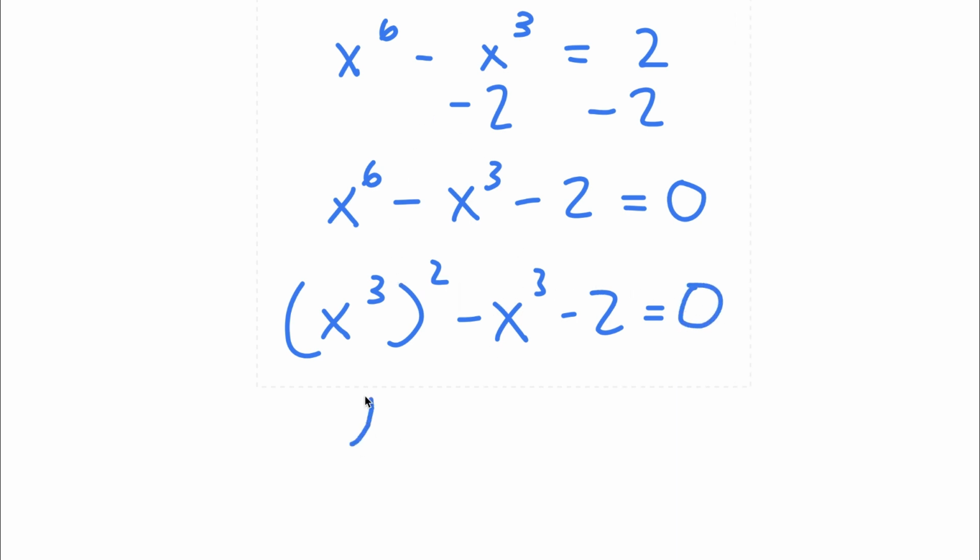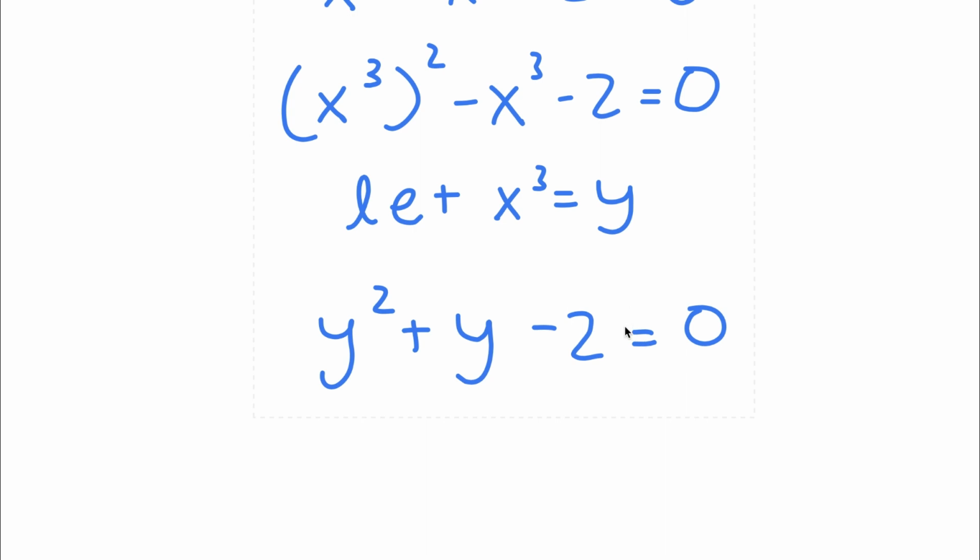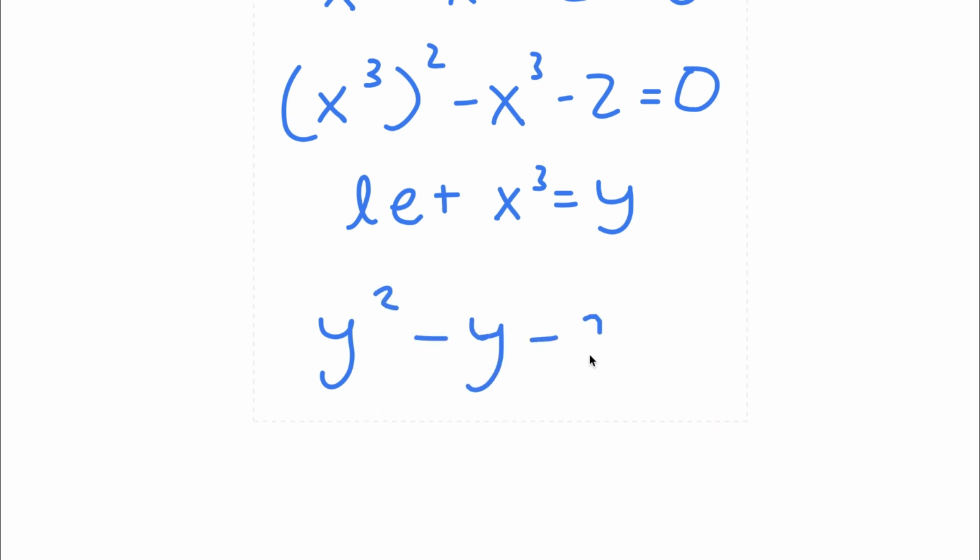Now, if I let x to the power of 3 equal the variable y, I'm going to have y to the power of 2 minus y minus 2 is equal to 0.